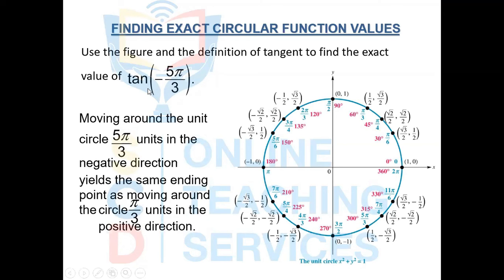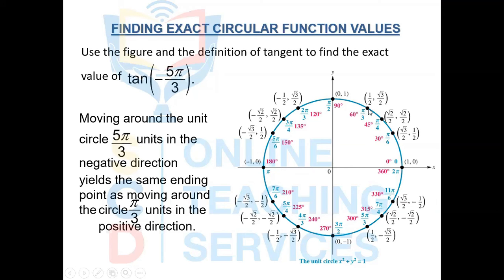Okay, so see, if you get tangent negative 5 pi all over 3, locate where negative 5 pi all over 3 is. Jessalyn, where is that? Because from here going this way is 5 pi all over 3, right? Yes. The 60 degrees opposite of this is pi all over 3. Correct? Yes. So meaning to say, if it is negative, from this point going that way, you will end with pi all over 3.